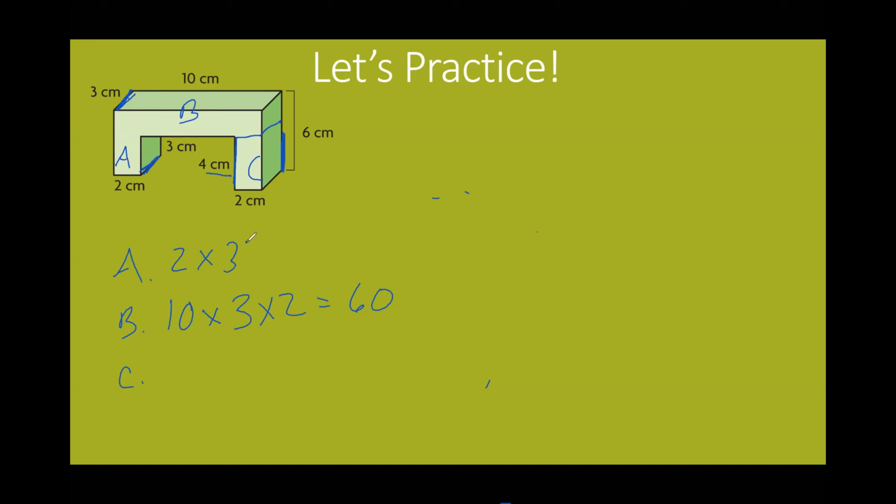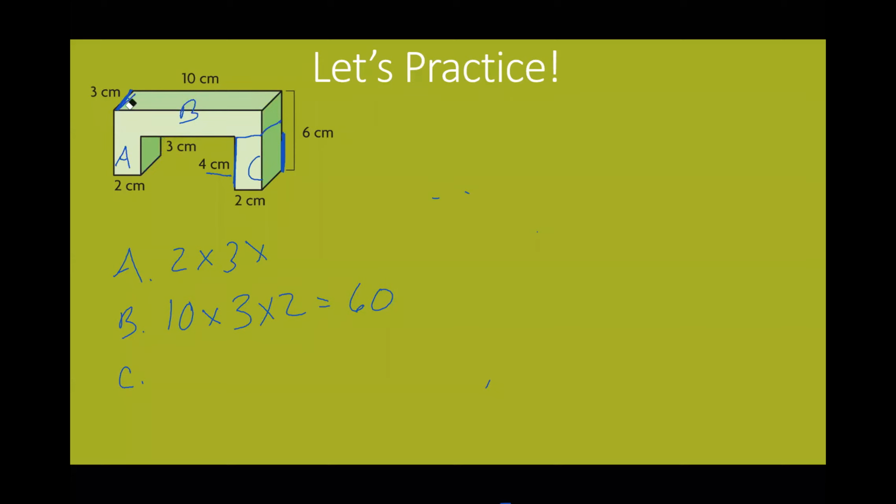What about my height? From here to here. Well, this is shorter, isn't it? Oh, wait a minute. Maybe the 3 is the height? Let's think about this. From top to bottom is 6, but that looks like it's shorter, doesn't it?